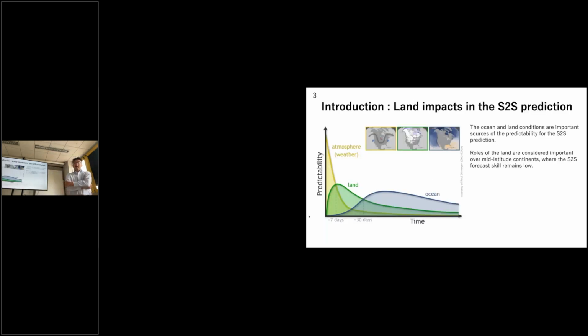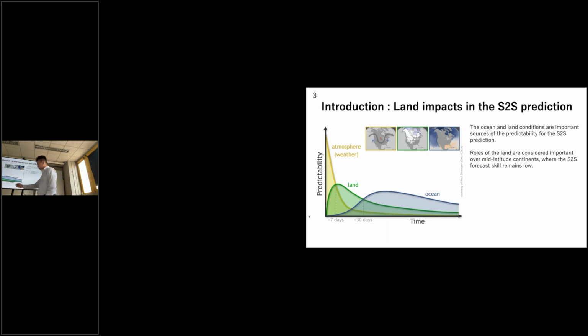Okay, the introduction. So we all know that the land is an important component for the S2S predictions. This figure is a very popular figure showing the sources of predictability in S2S timescale.